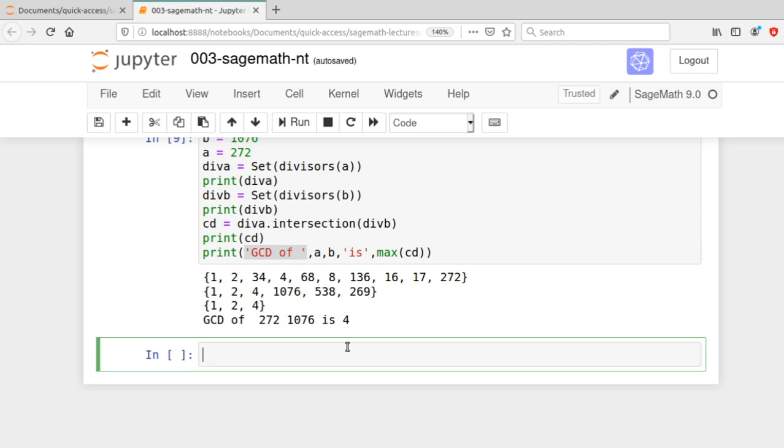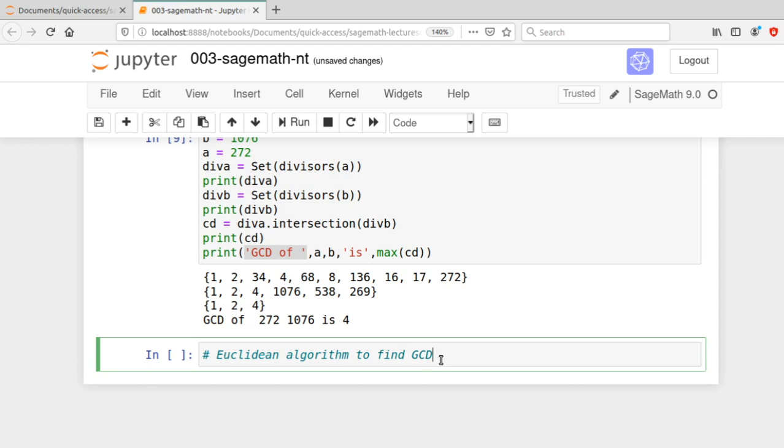After finding the GCD in this way, the Euclidean algorithm is another way to find the GCD. So we are going to see how to use the Euclidean algorithm to find the GCD.